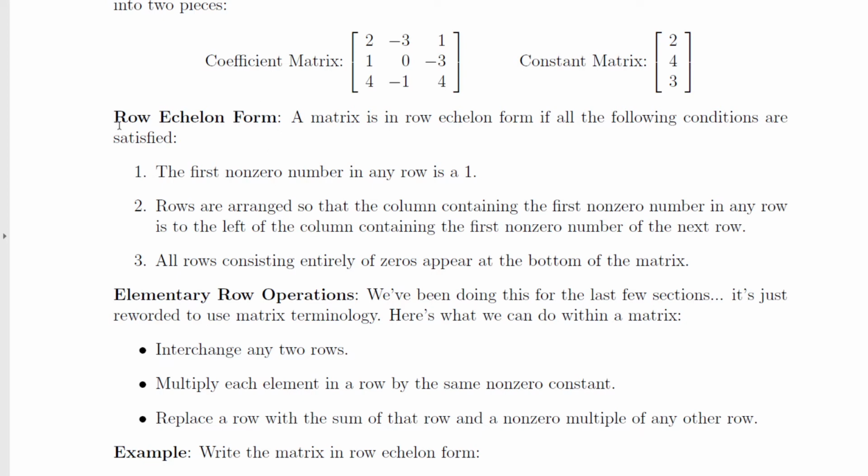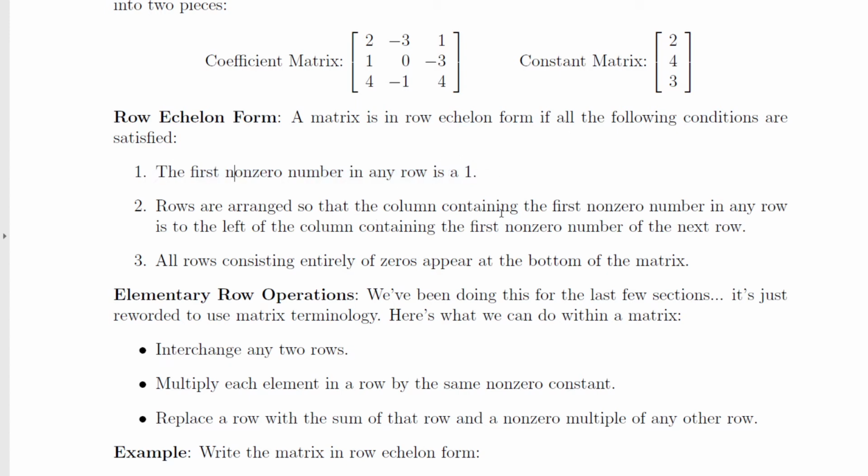So row echelon form is a matrix that has all of the following conditions satisfied. The first non-zero number in any row is a 1. So every element that is the first number will always be a 1.